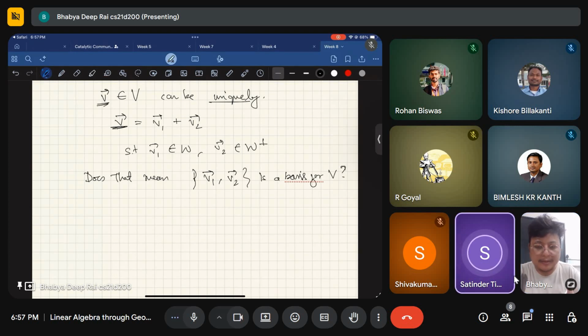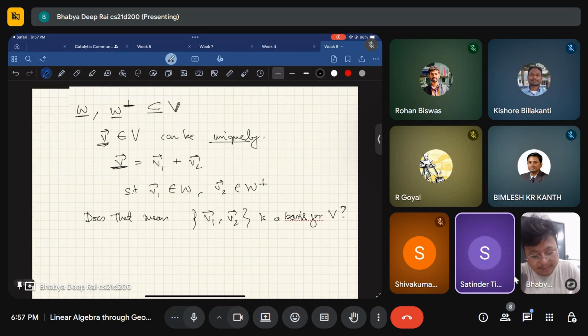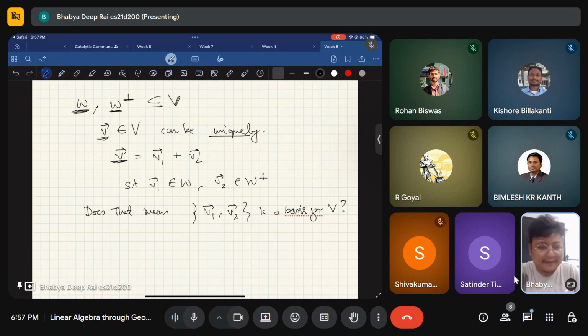Yes, I'm asking like W and W perpendicular whole thing, can we treat it as basis? Oh, W and W perpendicular. See, W and W perpendicular are vector spaces. Okay.